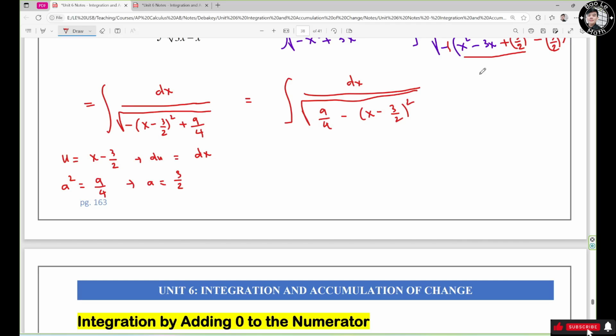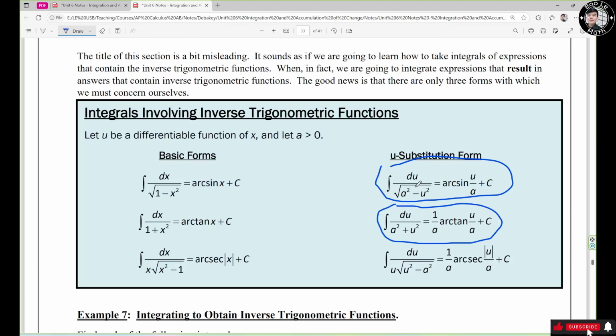So this becomes the antiderivative of du over square root of 3 over 2 all together squared minus u squared. Then I can apply the formula right here.